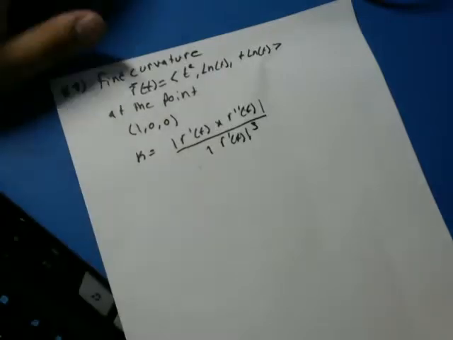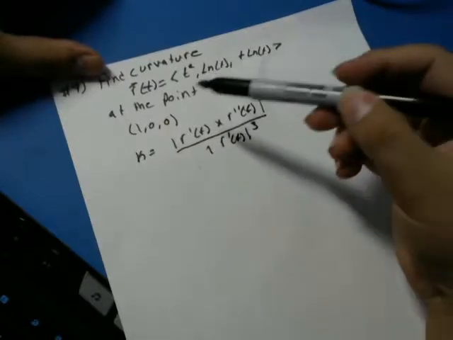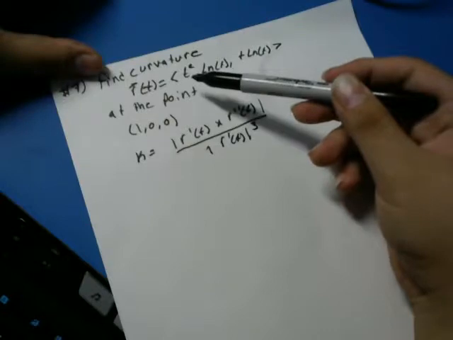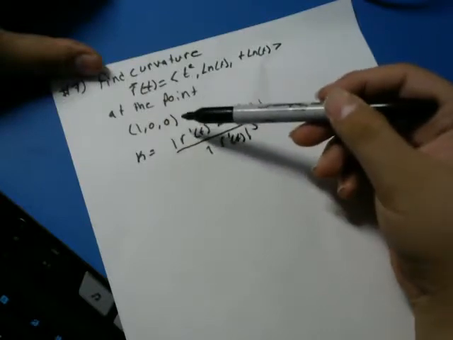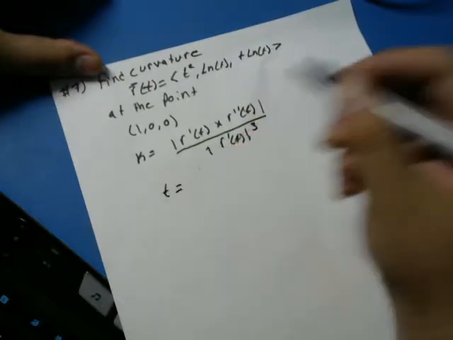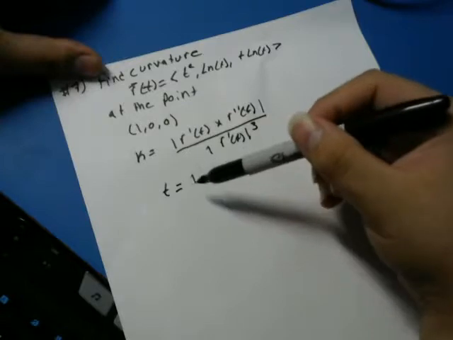One of the quick things I want to notice is that, given this information, we can actually find what t value gives us this exact point. And that t value would be equal to 1. You can verify it for yourself.